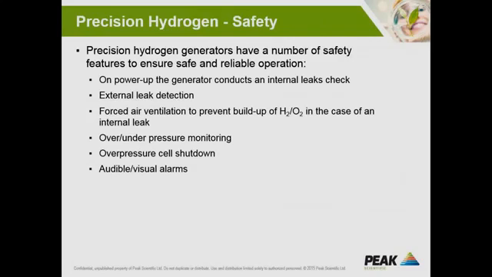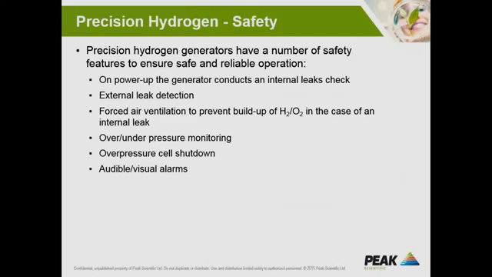Just to go over a couple of the safety features again. When we start the generator up, it conducts an internal leak check, so it will pressurize the system and make sure that there are no internal leaks and that it can hold the pressure. The external leak detection means that if there was a leak between the generator and the GC, for example, after 20 minutes the system would shut down. This prevents any buildup of hydrogen in the lab or in the GC itself.